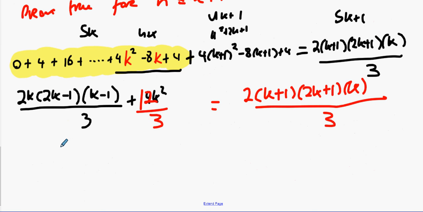It's a bit of a pain, but it would probably be the safer bet. Yeah, let's multiply it out and see if they're both the same. That's 4k squared minus 2k, and now I'm going to multiply that by this here as well.